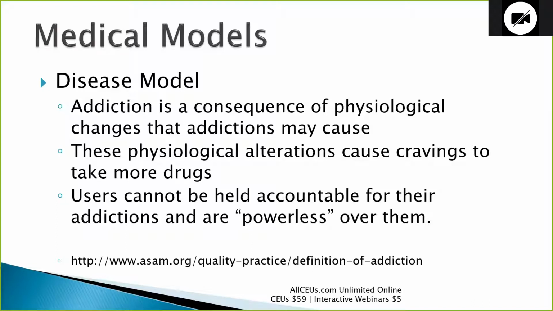The disease model says users cannot be held accountable for their addictions and are, quote, powerless over them. It says that it's these biochemical changes, it's this organ dysfunction that causes the addiction. And that comes from the ASAM website. So I put the web address down there if you want to go look at it.